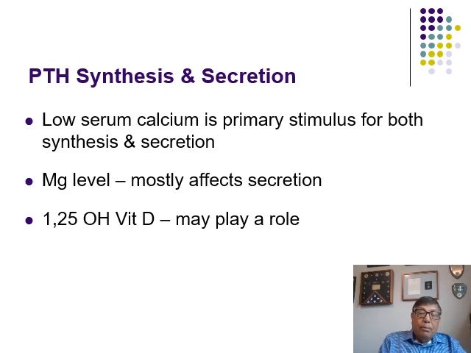Magnesium is also very important because, although it is not responsible for the synthesis, it is responsible for the release of parathyroid hormone from the parathyroid gland. So it mostly affects the secretion and release, but it is not important for the synthesis. And 1,25 hydroxy vitamin D may also play some role.